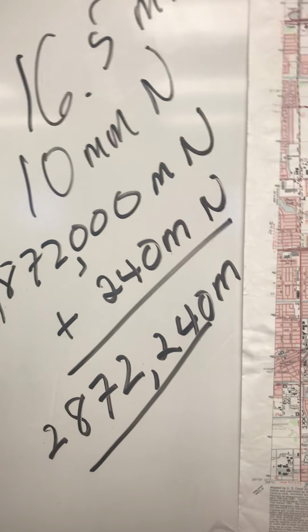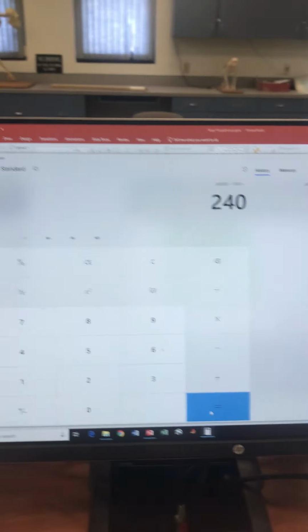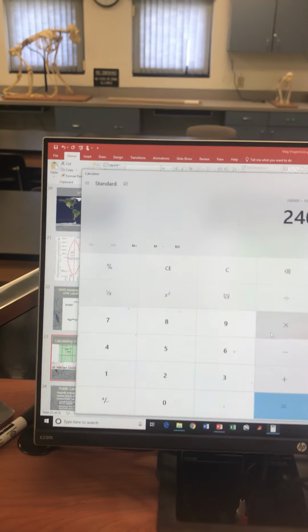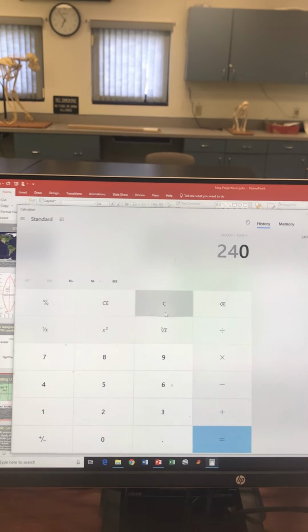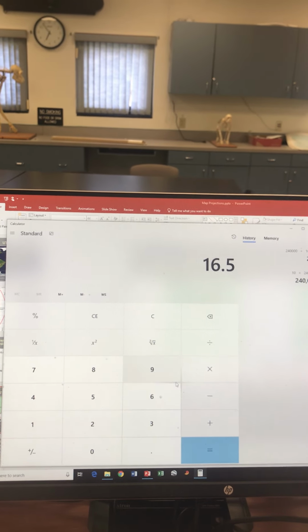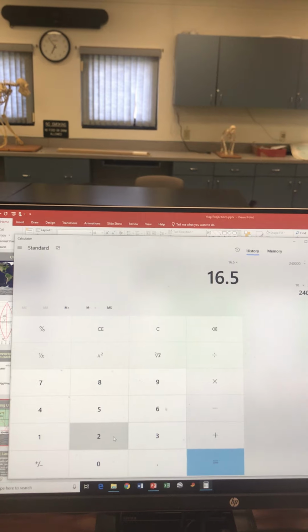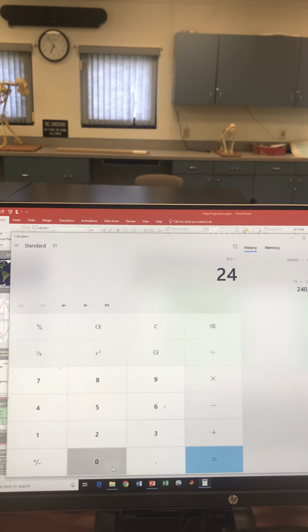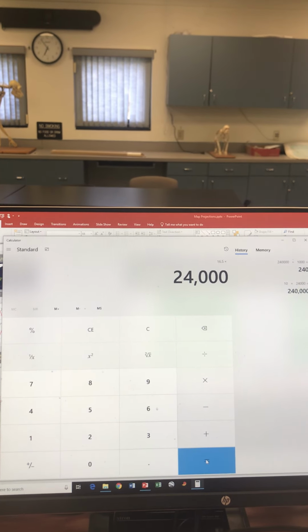So let's do the easting. The easting was 16.5 millimeters times 24,000, which is the scale of the map.